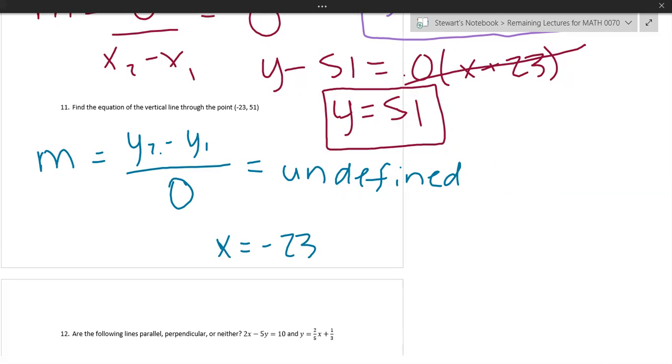What that's saying is that you only have a vertical line where the x coordinate will always be negative 23, and the y coordinate can be anything else as long as the x coordinate is negative 23.